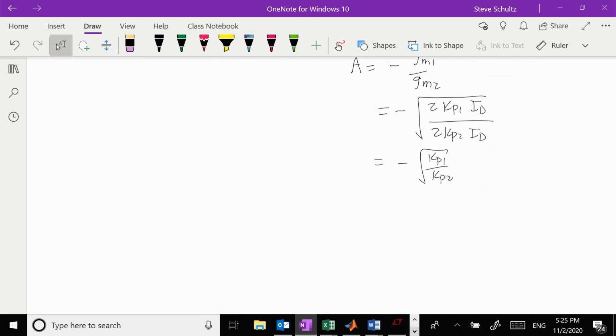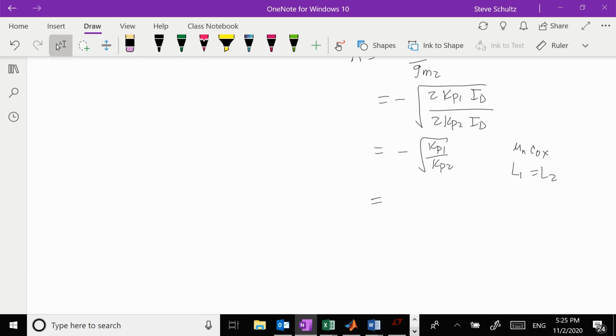But since I can scale my transistors, typically when we're doing things, we're going to get a mu n Cox. It's the same for both of them. We're going to set L1 equal to L2, but then I can adjust my two widths.